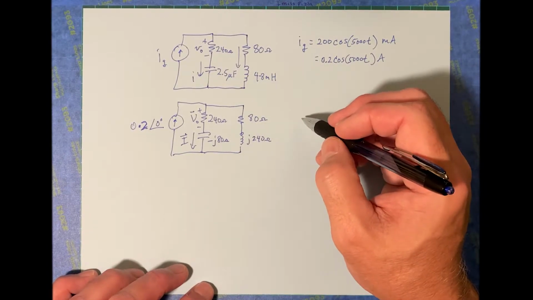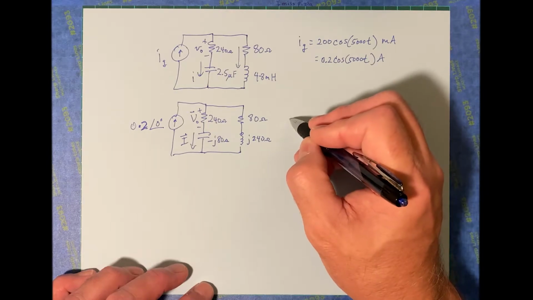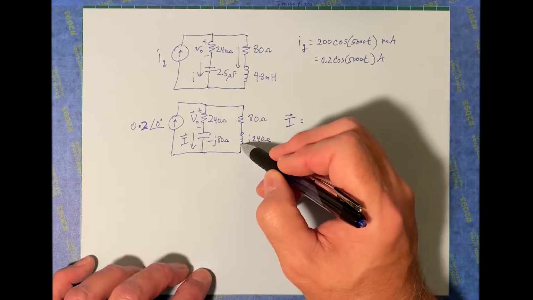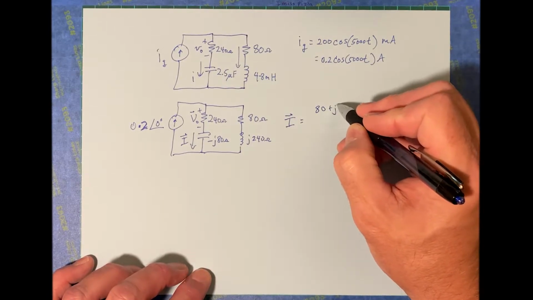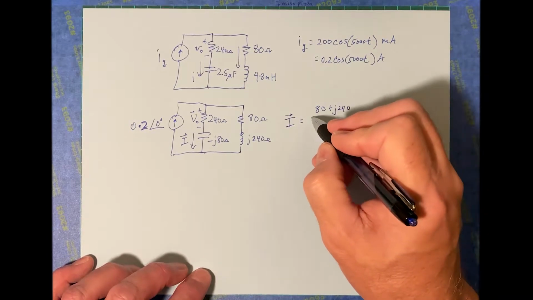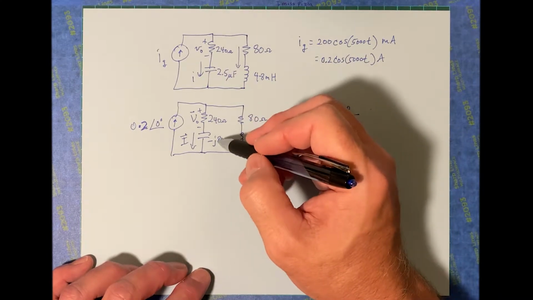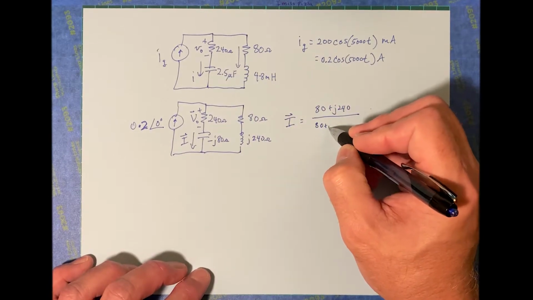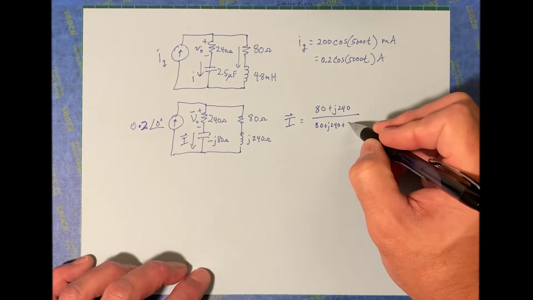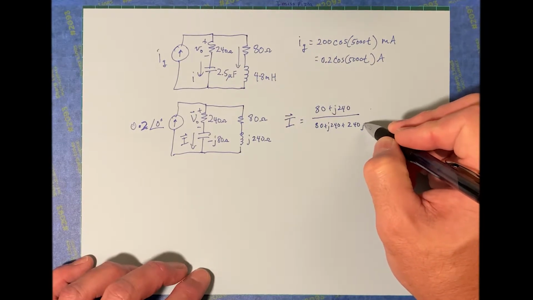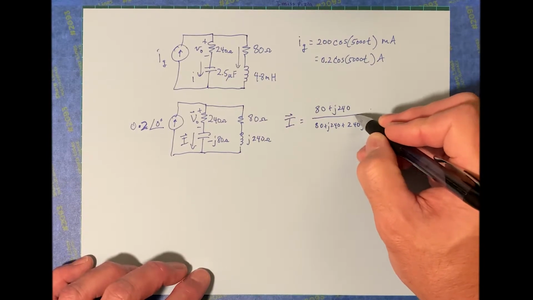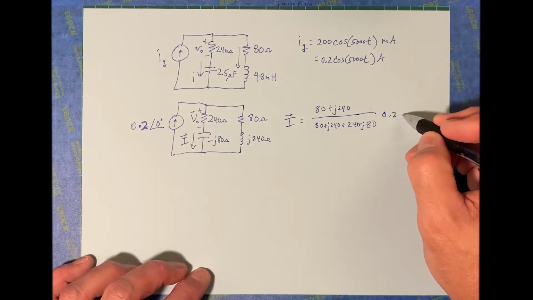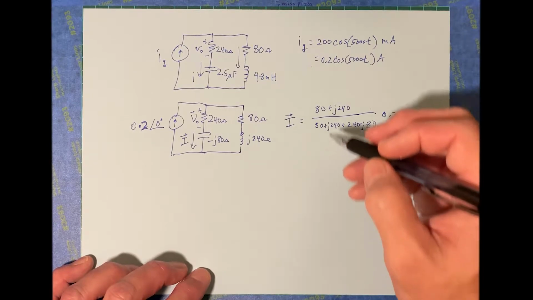And using divider equations, I know that phasor I is going to be, let's see, this over here, 80 plus j 240, divided by the total thing, so it's going to be 80 plus j 240 plus 240 minus j 80. All right, multiplied by 0.2 angle 0 degrees.